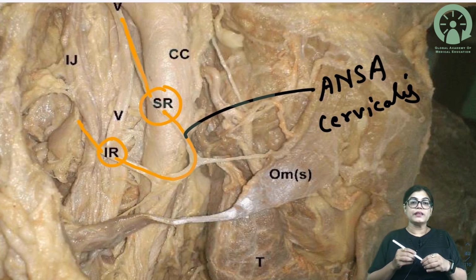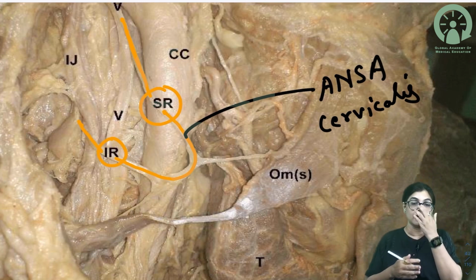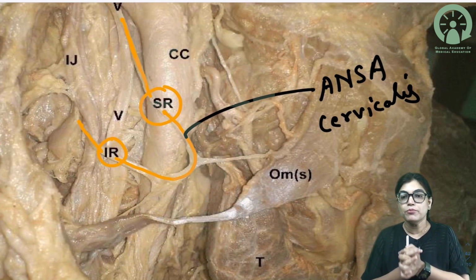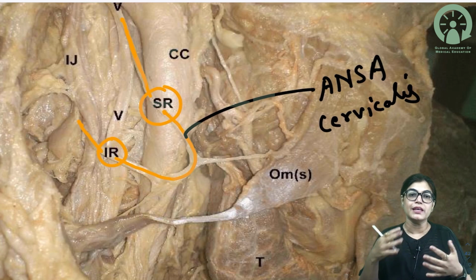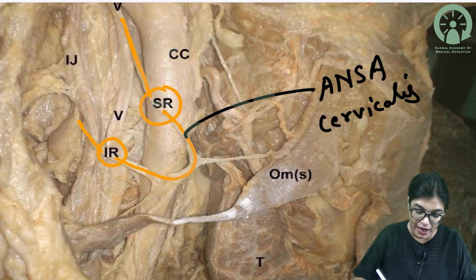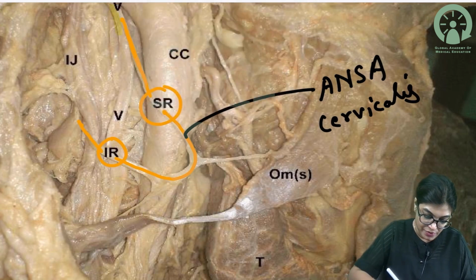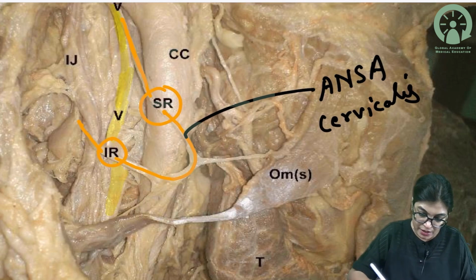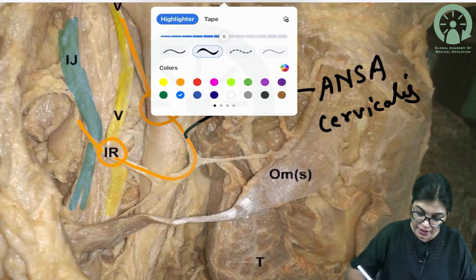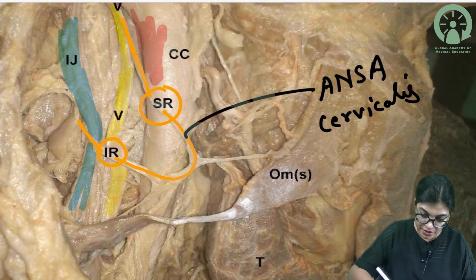Now, the ansa cervicalis is situated on the anterior wall of the carotid sheath. The important structures we know in the carotid sheath are carotid artery, internal jugular vein and vagus nerve. So, I would also like to highlight that. Here you can see this is the vagus nerve, V for the vagus nerve, the internal jugular vein and the carotid artery.